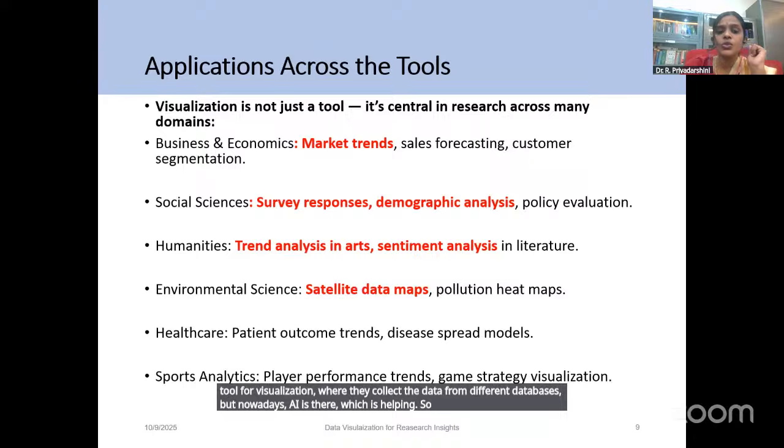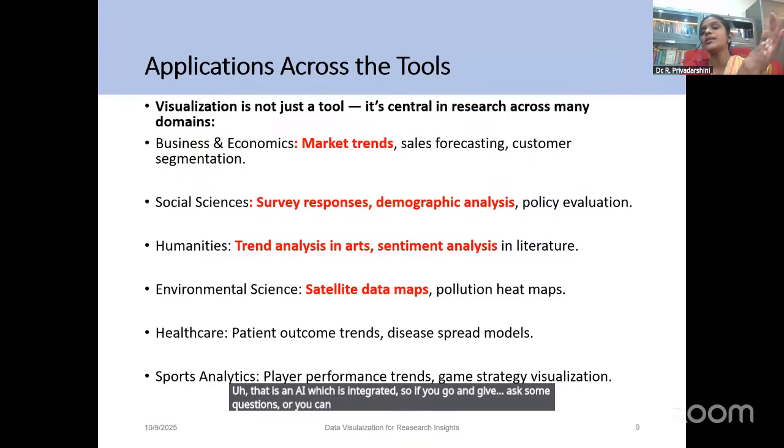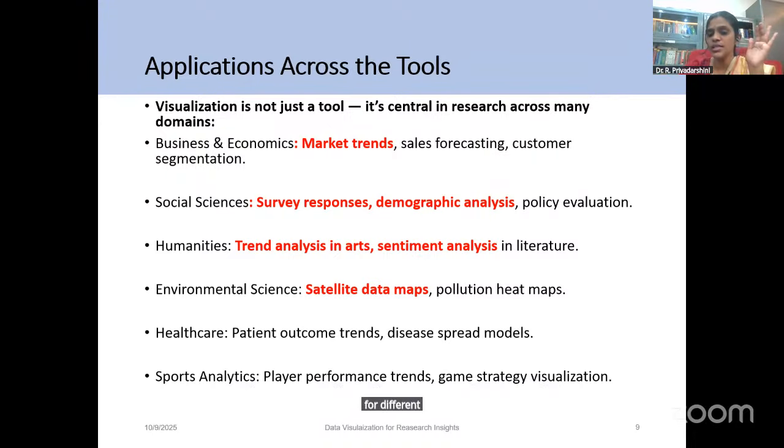I wanted to insist that in all the tools I have taken, there is an AI integration. So you could easily find out there is an AI which is integrated. You can ask some questions, or you can integrate it for different features available in the tool that I'll be telling you.